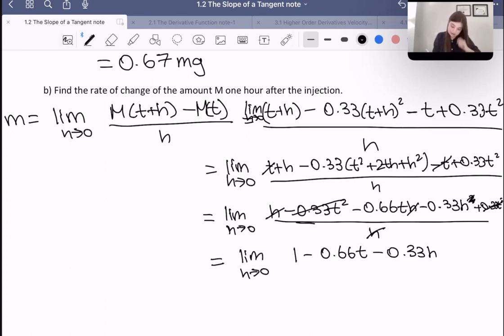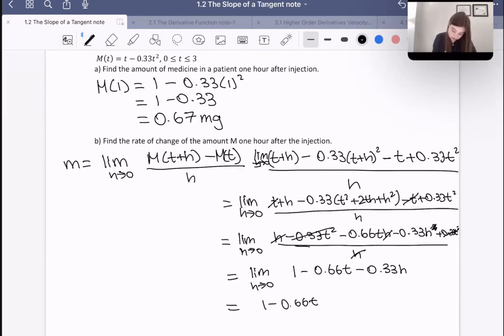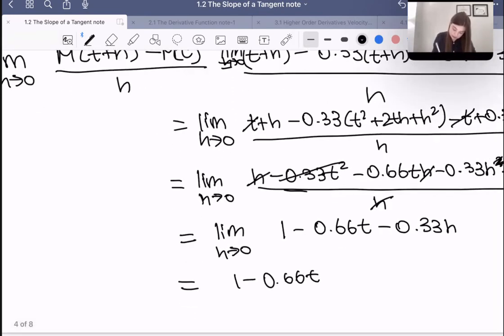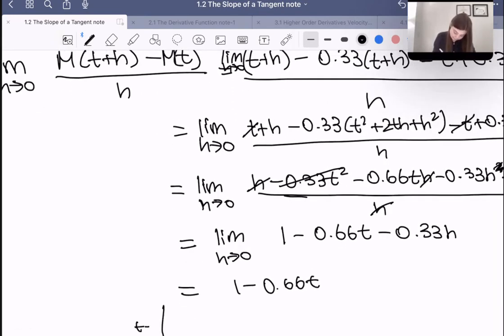So let's see, what is that? If we plug in 0 for h, we're going to get 1 minus 0.66t. And t is 2, or no, t is 1 in this case. So when t is 1, we're going to get 0.33.